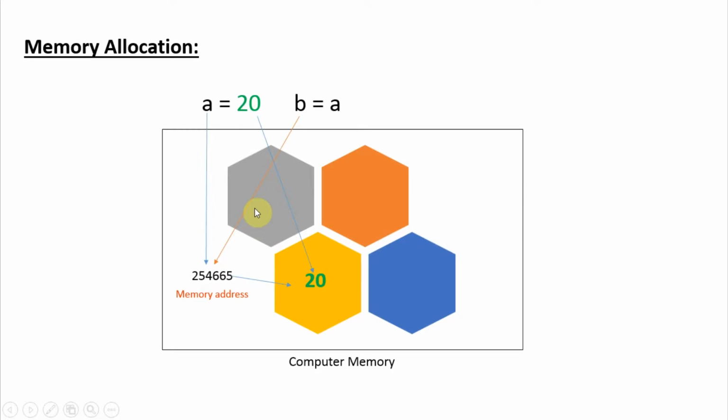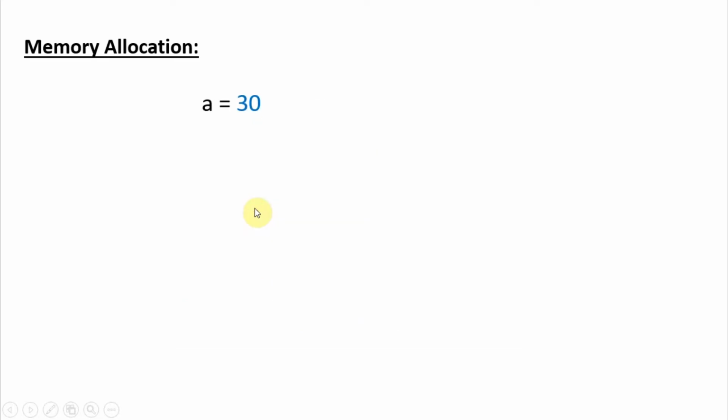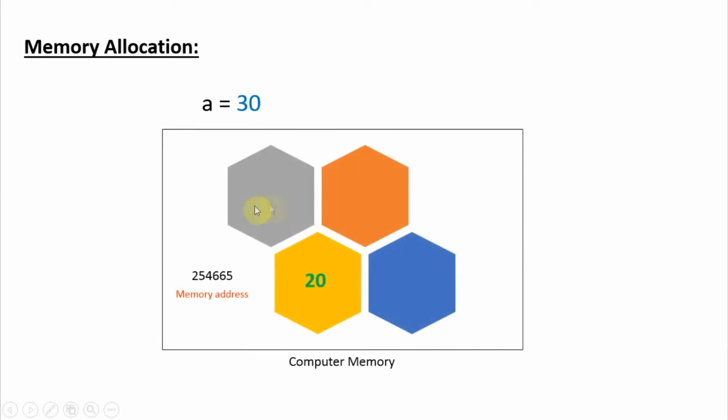Now what happens if we change the value of a to 30? Earlier a was 20, so 20 was stored here and the memory address for 20 is this, and a was pointing to this memory address. 30 will be stored at some different location and a memory address will be created for that location. Now a will be pointing to this new memory address, which is the address of 30, right? You can see here.